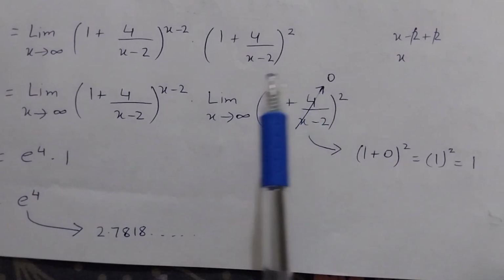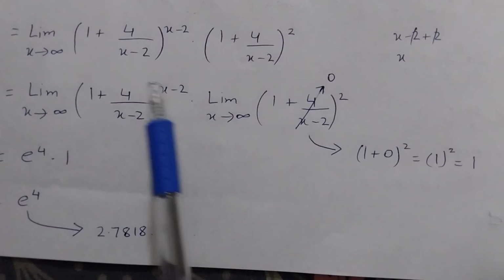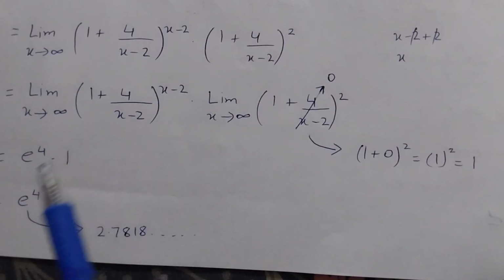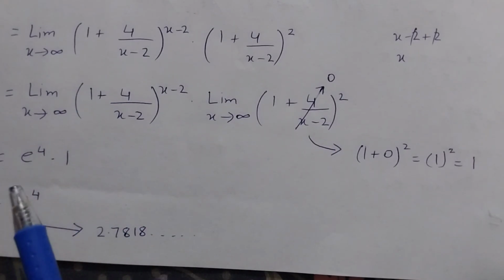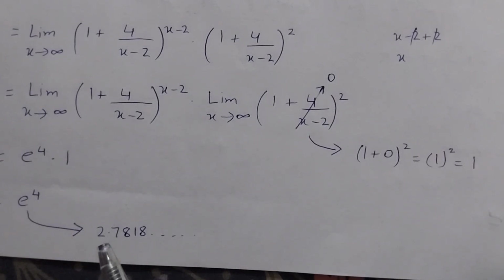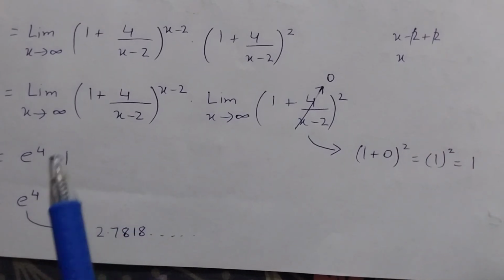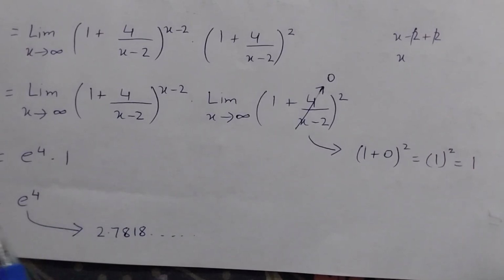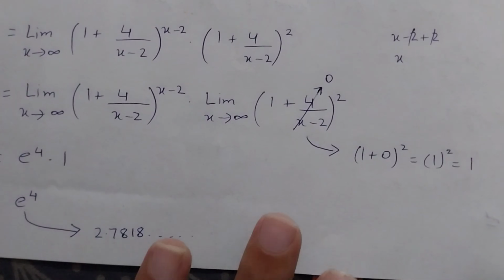So this limit is approaching 1, and the other is equal to e raised to power 4. So e raised to power 4 into 1 is e raised to power 4, where e is 2.7818, Euler's number. So our limit is equal to e raised to power 4.